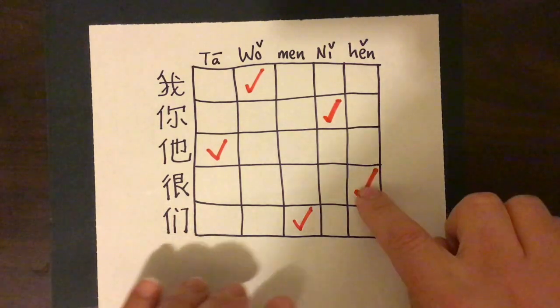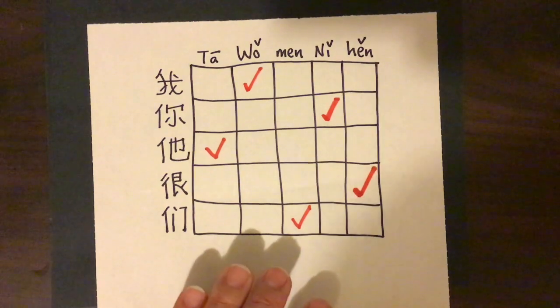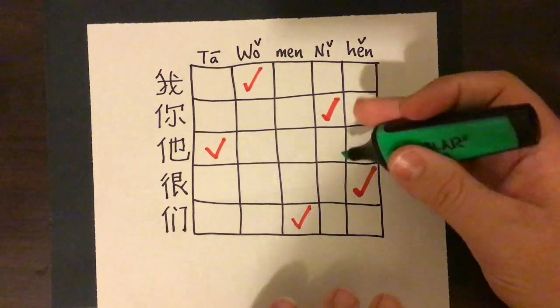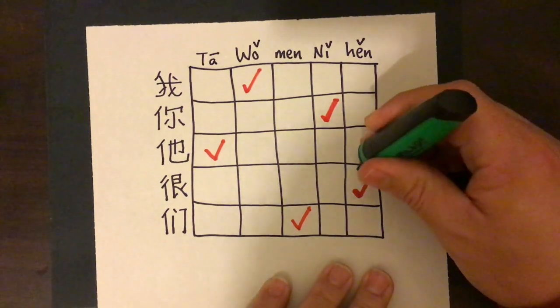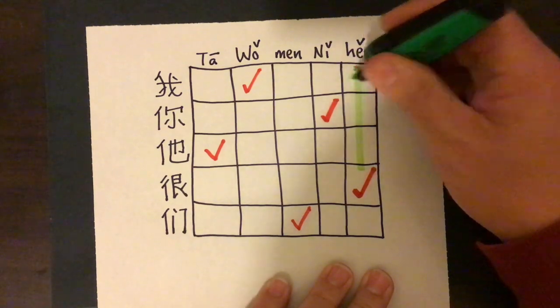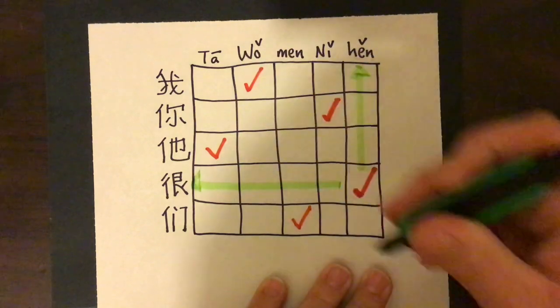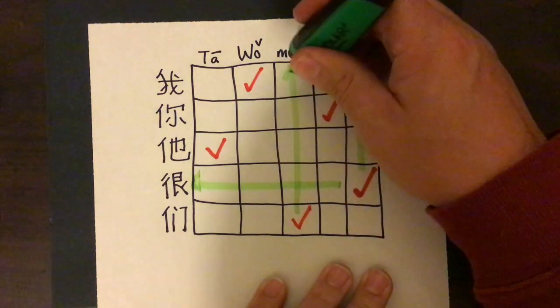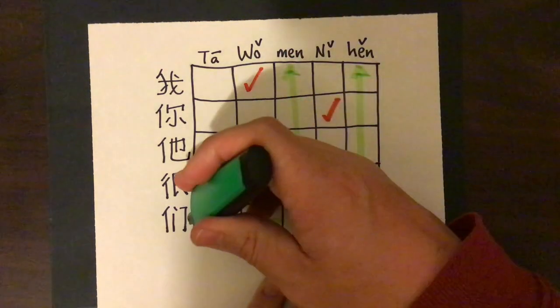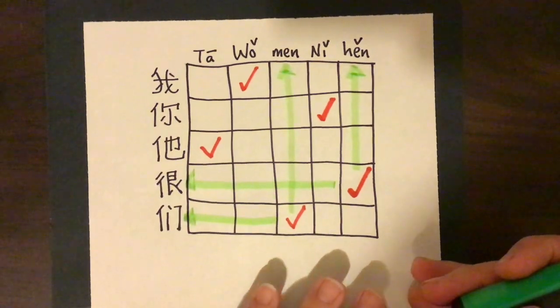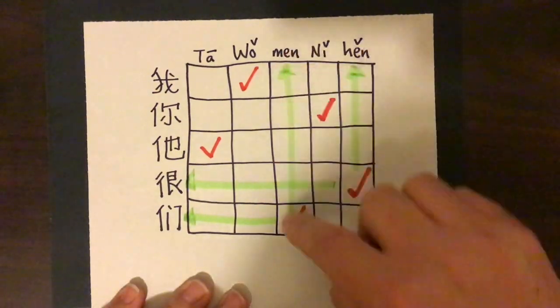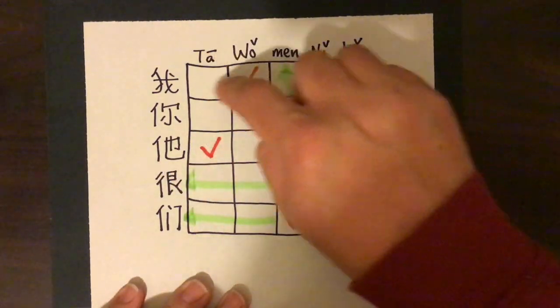You tick the box that lines up with the correct one. So let me just draw a little green arrow so that you can see that. So that means hun, and that means hun. Okay, mun and mun. So that's the whole idea, everyone. Tick the box that lines up with the right row.